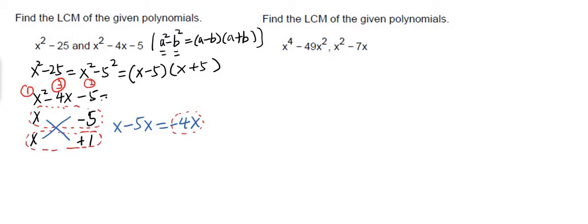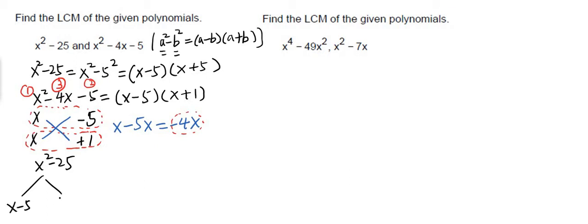Okay, so we write down the first factor is x minus 5, the second factor is x plus 1. Okay, so we can list all the factors. So for the x squared minus 25, we have what? We have x minus 5 and x plus 5.